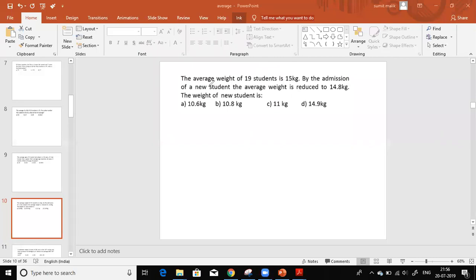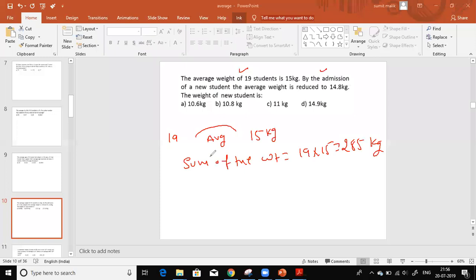Now look, the average weight of 19 students. These were 19 students and their average is 15 kg. If average is 15 kg, then sum of the weight is equal to 19 into 15, that is 285 kg.